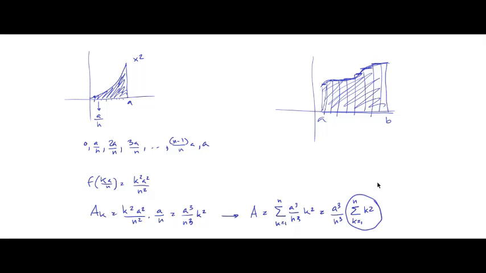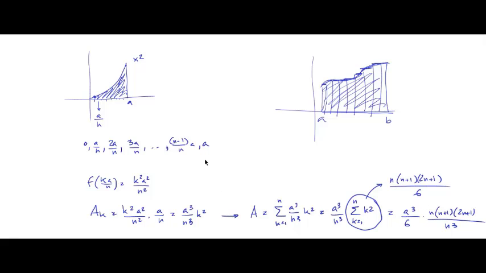And this is the sum of the squares of the first n natural numbers, and we've seen this before in unit 1. This is n times (n plus 1) times (2n plus 1) divided by 6. So this sum is equal to a cubed divided by 6 times n times (n plus 1) times (2n plus 1) divided by n cubed, right?